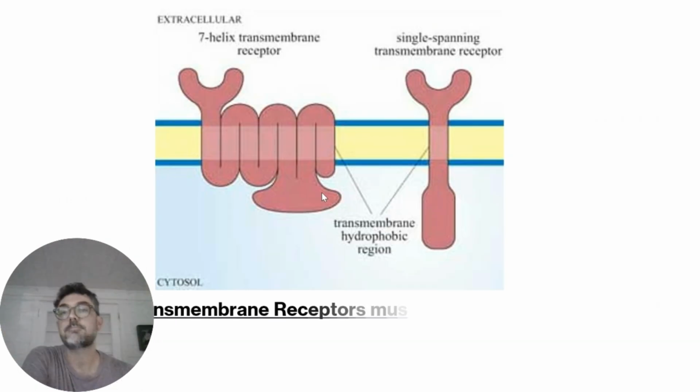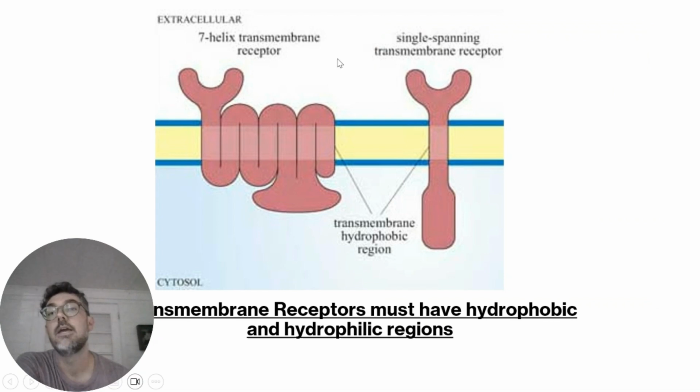Now, transmembrane receptors need to be stuck into the membrane. But how do they do that? They need to have a hydrophobic portion that likes the hydrophobic tails of the membrane. They also must have a hydrophilic portion that likes the cytosol and the extracellular environment.